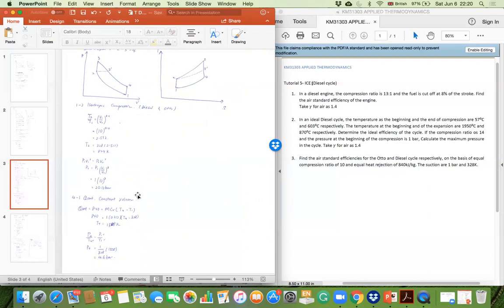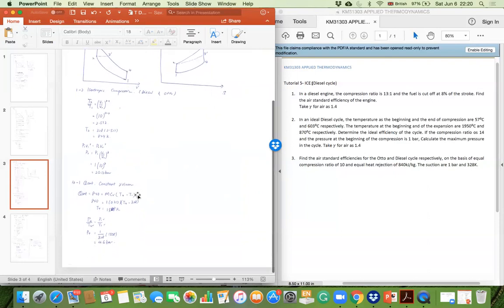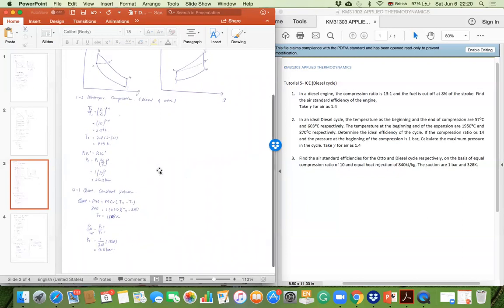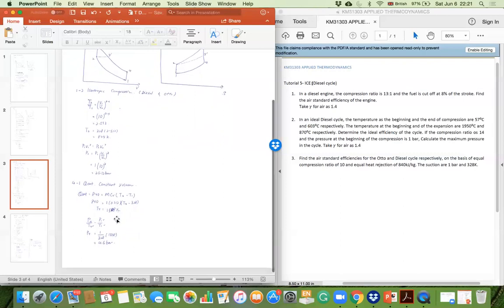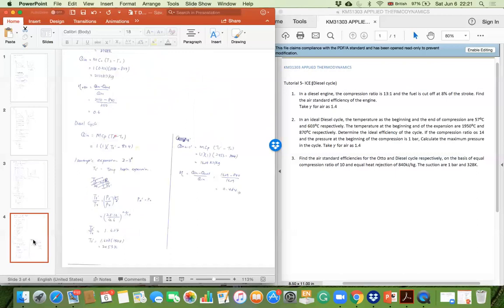And 4 to 1 is also the same. Do you agree with me? The Q out is 840, so you just plug in the given values. You can get your T4 and then your P4. That's quite straightforward.